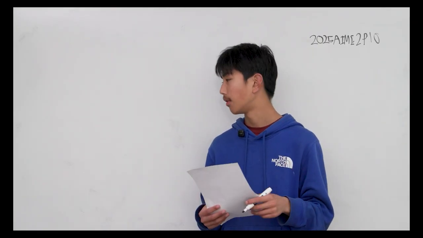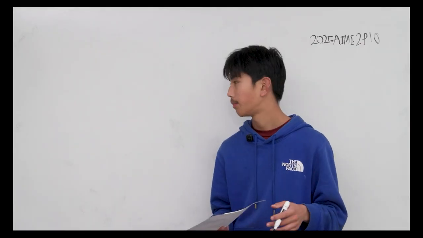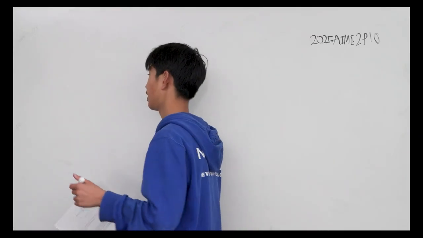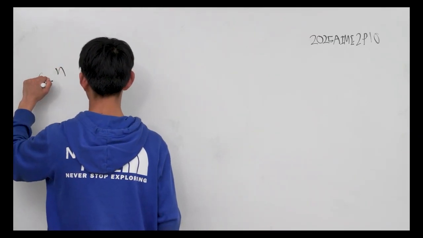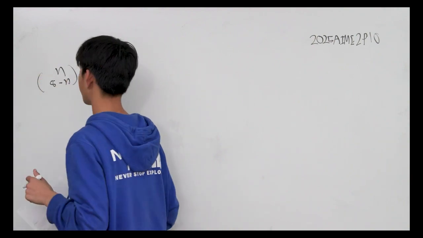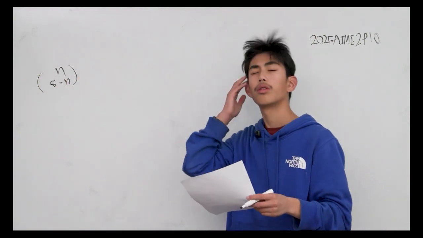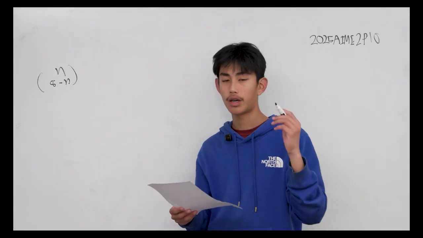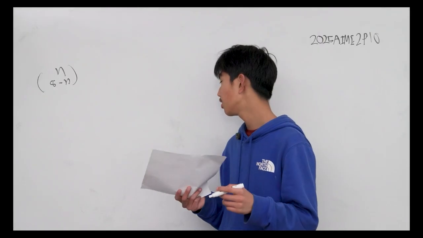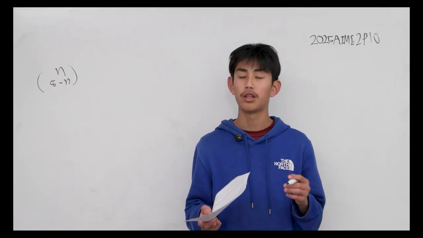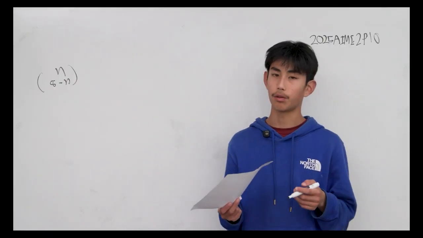So if you have n people and you want pairs, there are many ways to select a pair, but if you have n people and select a pair, you have basically 8 choose n ways to do this. Then, with the remaining people, you have 9 minus n people, and then you'd have n plus 1 spots to fill.